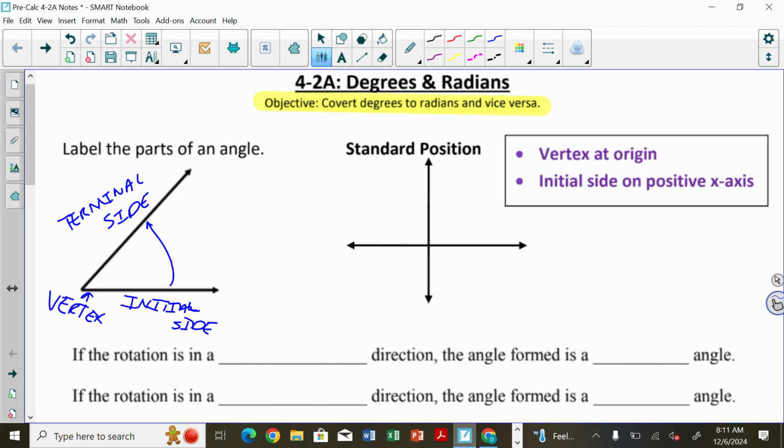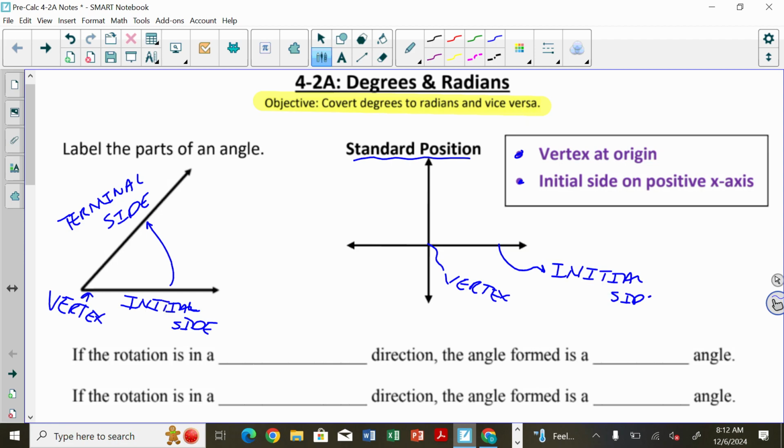If we go over to the other diagram, where we have standard position, what we talk about is, number one, the vertex is at the origin, and the initial side is on the positive x-axis. So we know this is the vertex, at the origin, and the positive x-axis would be the initial side.